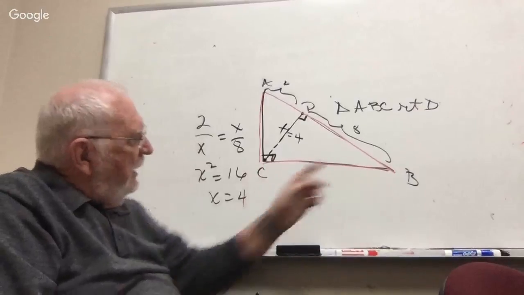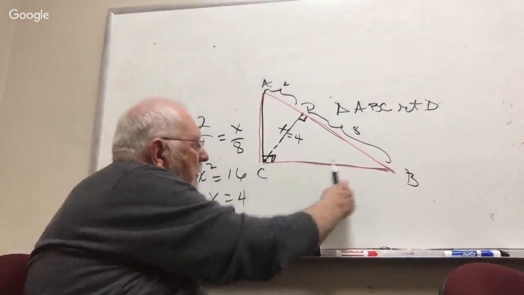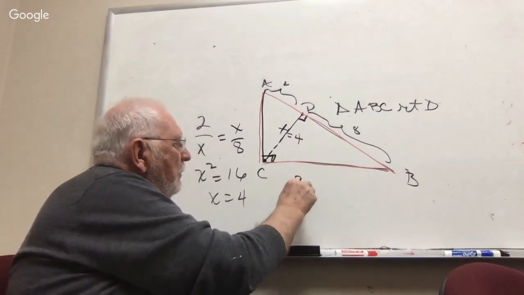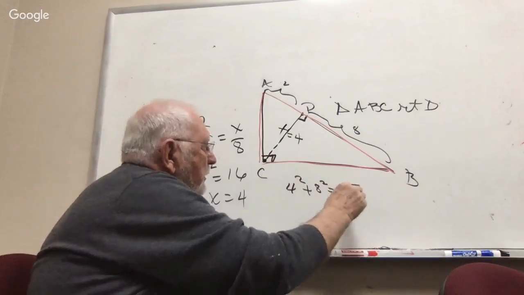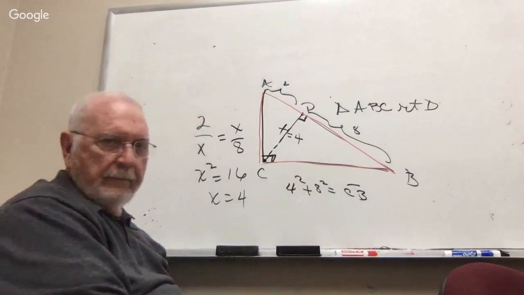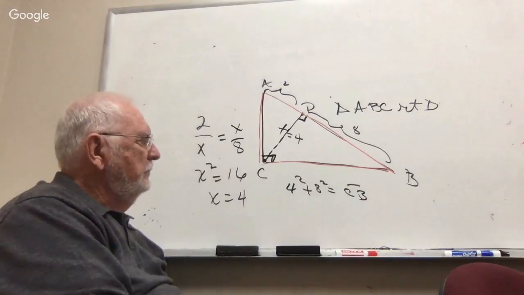So if we know this is 4, can we find this side down here? Yeah, because of the Pythagorean theorem. Right. So this is 4 squared plus 8 squared is equal to the length of CB. Got it?